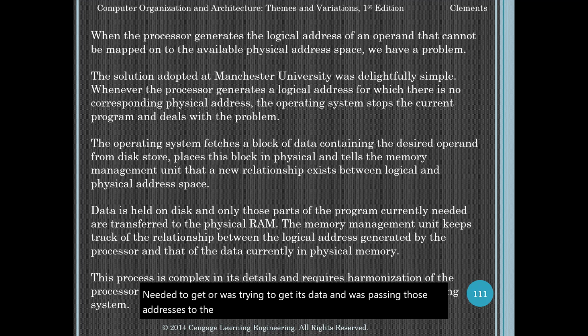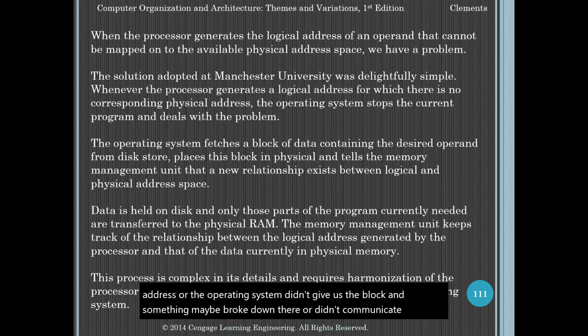Either the processor didn't have the logical address for which there was no corresponding physical address, or the operating system didn't give us the block, and something broke down there or didn't communicate correctly to the memory management unit.